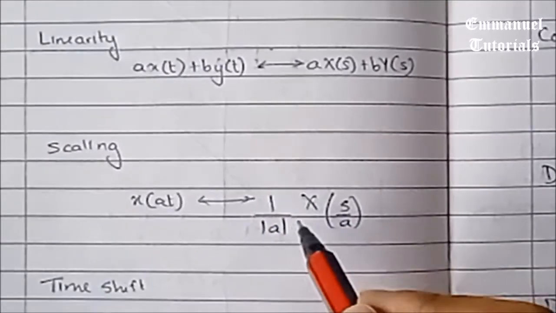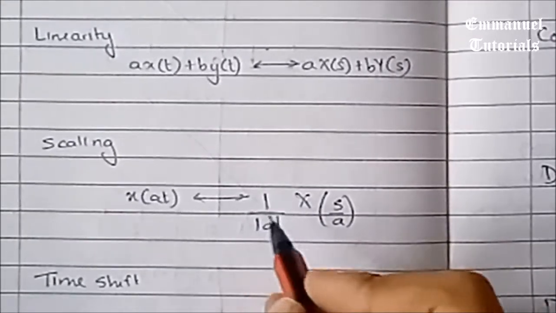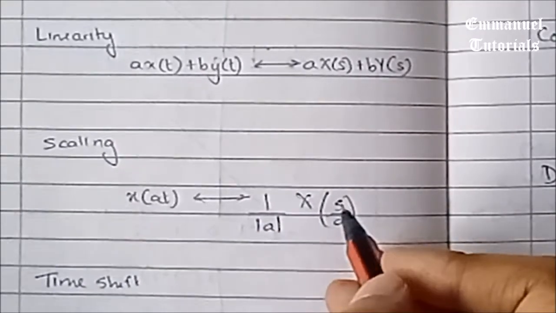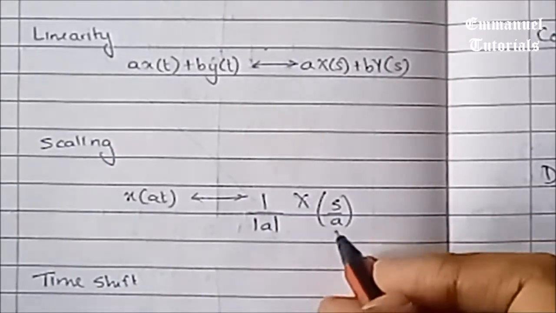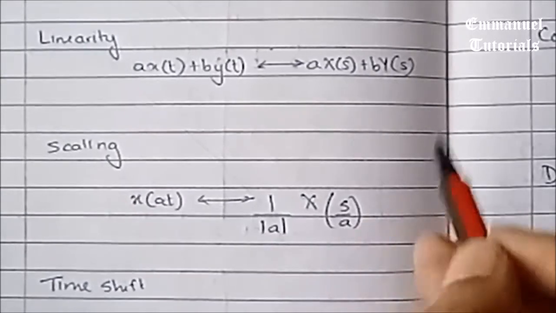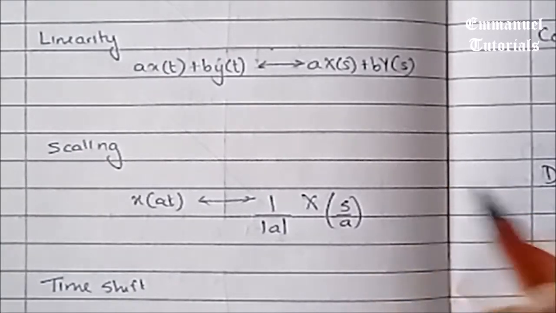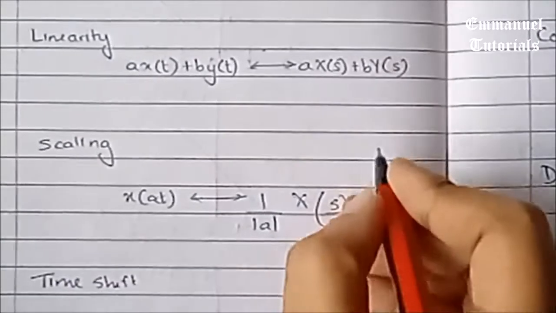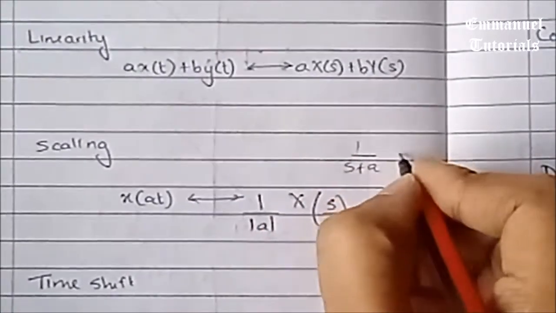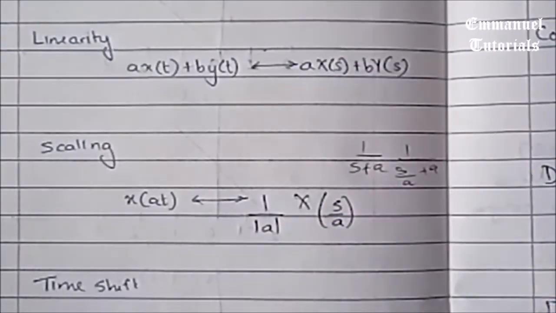In the resultant Laplace transform, you have to multiply it by 1 by mod a, the constant by which you are multiplying, and divide the s values in the Laplace transform by a. So if it is 1 upon s plus a, you will just say 1 upon s by a plus a. Suppose it's 1 upon s plus a, you will just replace the s term by s by a. So it will be something like this.